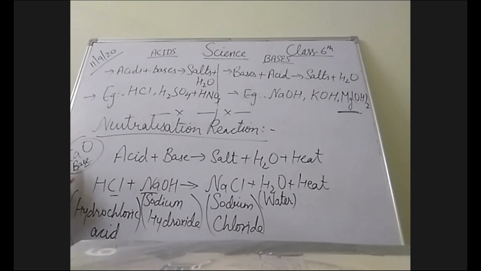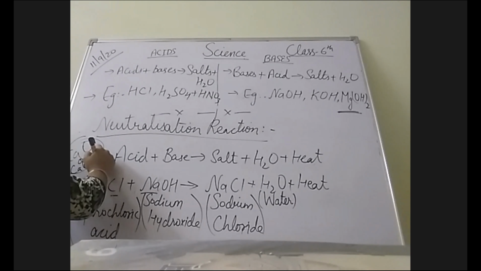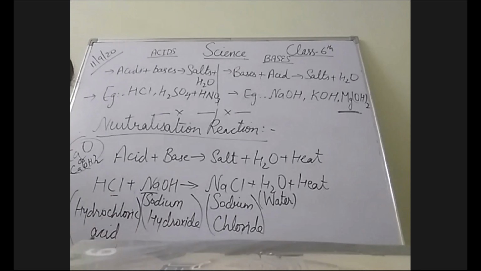When you add calcium oxide into the soil, या फिर स्लेट कैल्शियम हाइड्रोक्साइड भी मिला सकते हो, Ca(OH)2, calcium hydroxide also you can add in that. What will these bases do? These bases will react with acids and soil को neutral बना देंगे. Salt बन जाएगा acid and base मिला के, soil will become neutral.